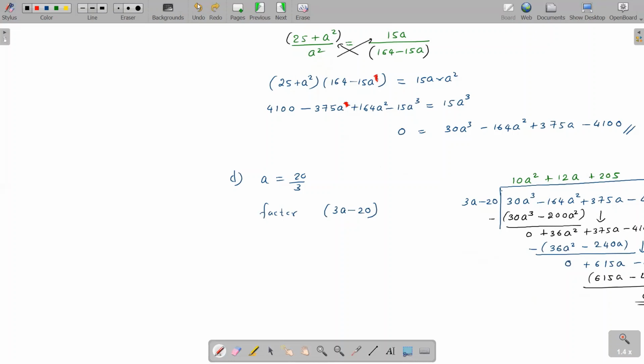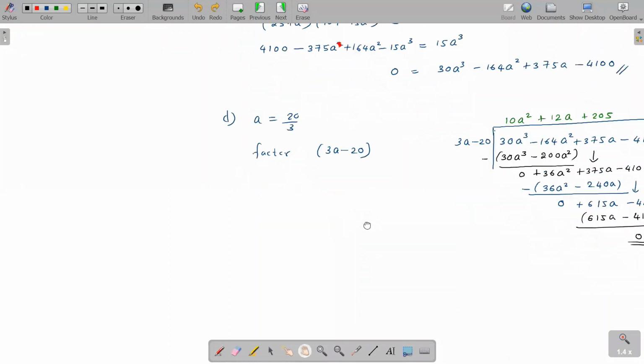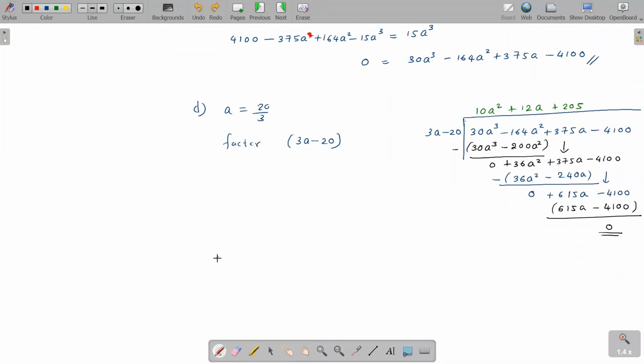30A cube minus 164A square plus 375A minus 4,100 is 3A minus 20 times 10A square plus 12A plus 205.